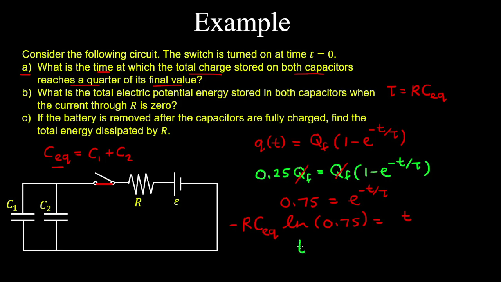So minus the natural log of 0.75 is 0.288. So the time at which a total charge stored on both capacitors reaches a quarter of its final value is 0.288 by the resistance by the equivalent capacitance.